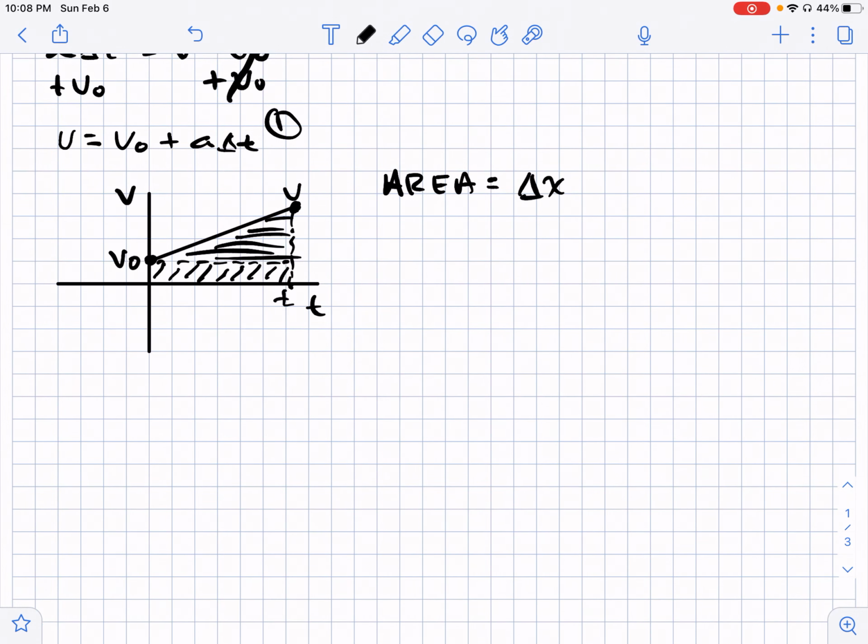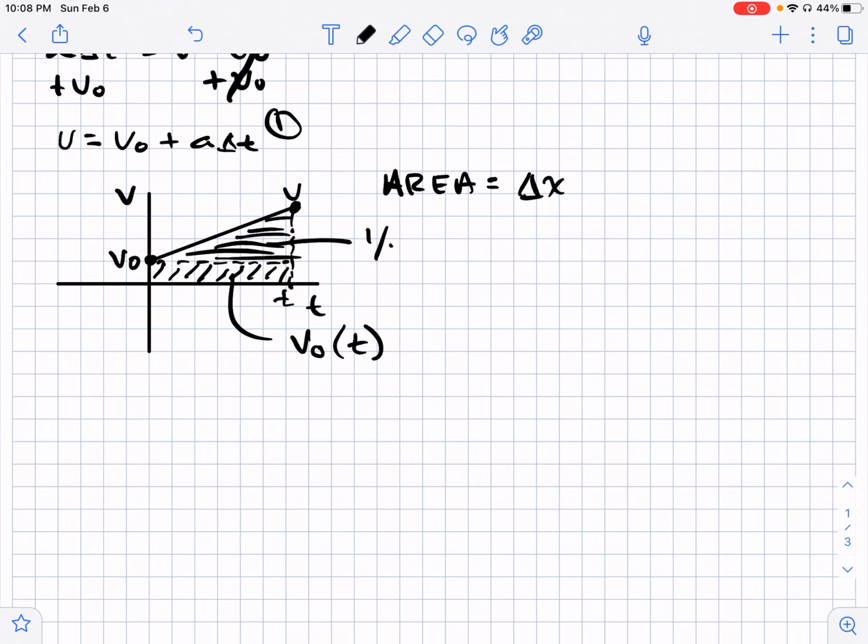So for your rectangle, the area is equal to length times width. Okay, and the length here is going to be your v naught, and then your width there is going to be t, or delta t. And so the area there is v naught t. Now for your triangle, remember triangle is 1/2 base times height.